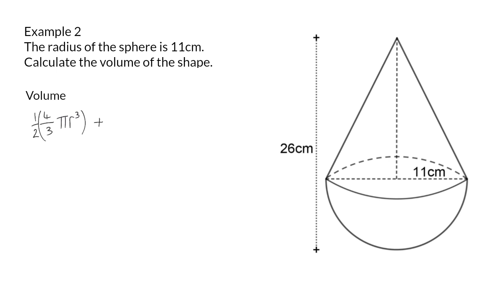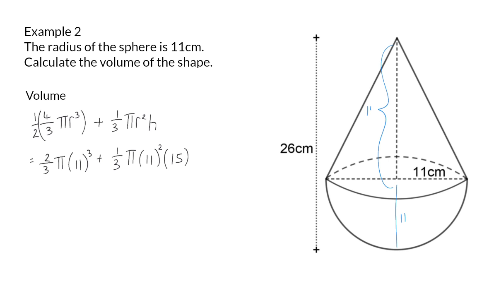To this, we then add the formula for the cone, and that is a third pi r squared times the height. So now when we substitute, the formula is 2/3 pi times r, which is 11 cubed, plus a third times pi and again times the radius of 11 squared, multiplied by the height, which in an earlier lesson we already determined to be 15.